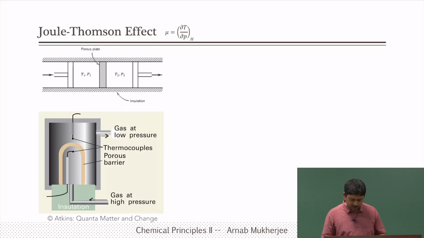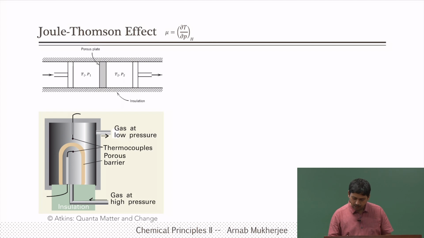So, it is basically what you want to measure, and you see this is a setup in which the gas comes at a high pressure and then goes through this particular porous region, this yellow color, and then it goes to a larger volume at a low pressure. Now, I would like to ask you, okay.